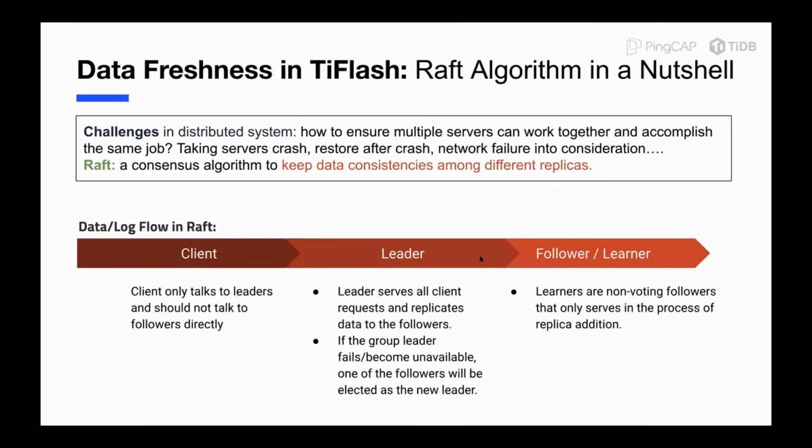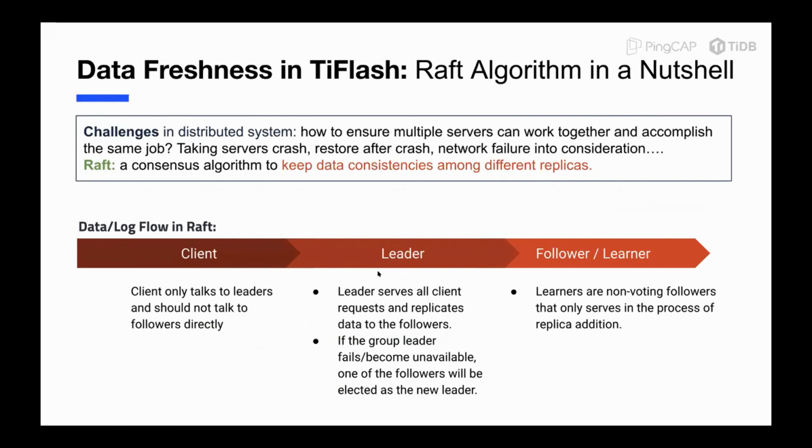Okay, finally, I'm going to talk about data freshness in TiFlash. Actually, TiFlash and TiKV form a Raft group. Raft is an algorithm to keep strong consistency. So here's the data flow in Raft. I mean, it's only the data flow. The data comes from the clients and is sent to the leader.